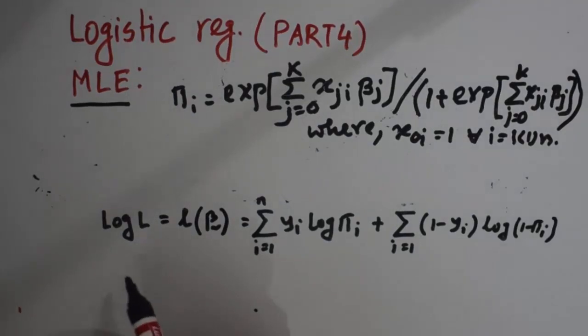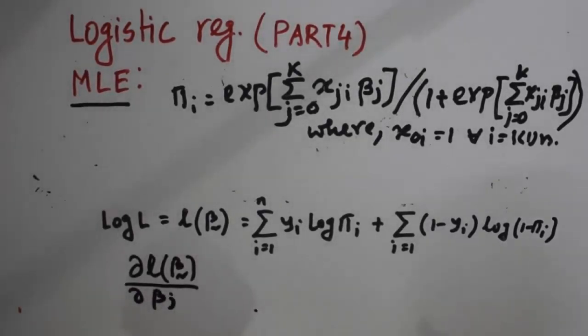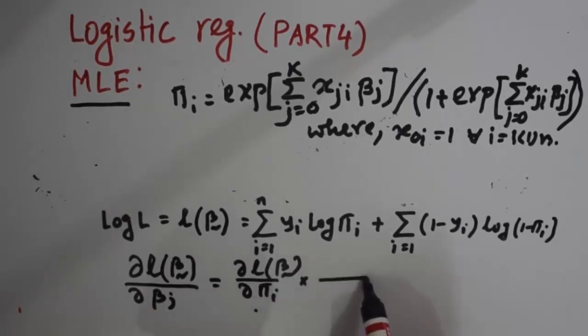Now the partial derivative of L of beta curl with respect to beta j is equal to the partial derivative of L with respect to pi i, into the partial derivative of pi i with respect to beta j.